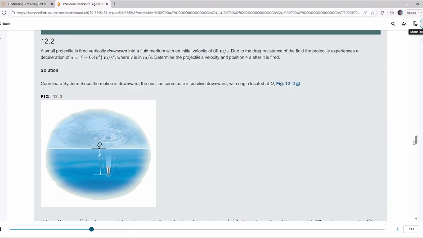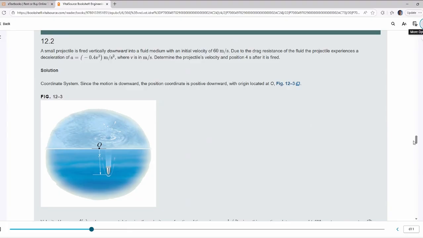When this projectile hits this fluid medium, its velocity is 60 meters per second. Because of viscosity, this projectile will slow down, eventually stop. So due to drag resistance, that is the viscosity of a fluid, just like engine oil, very viscous, very sticky.